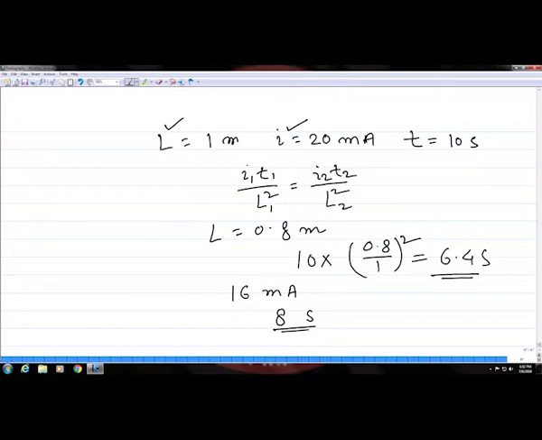Okay. So, like that based upon this particular equation, this is how we can find out for a particular tube current and particular sample to source distance what should be the exposure time.